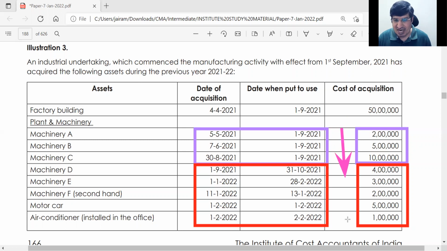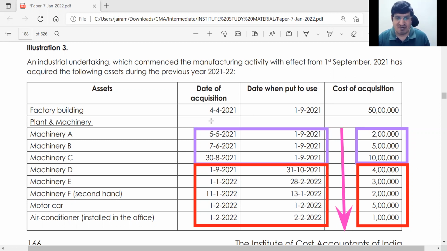In purchase you have to just add all of these. Add everything and see how much it comes to. You can do it orally: 2 + 5 is 7, + 10 is 17, 21, 24, 26, 31, 32 lakhs. This whole thing is 32 lakhs.